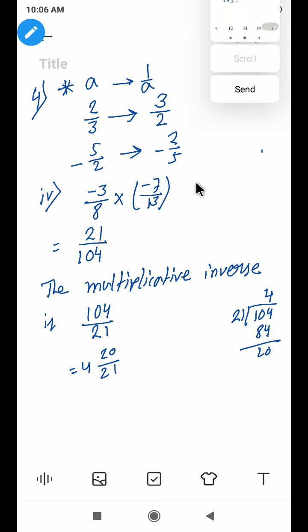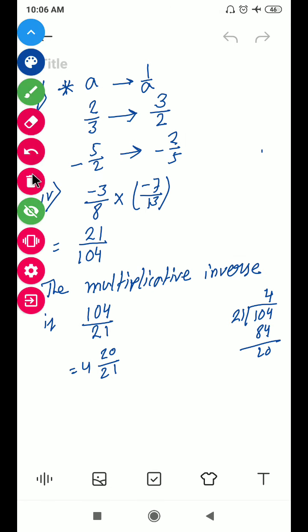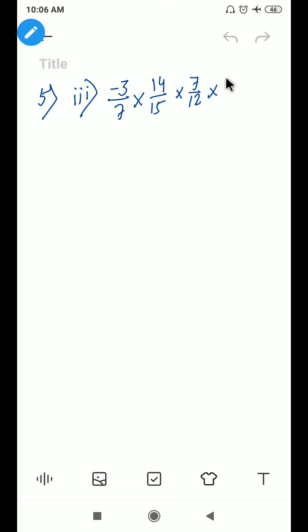Now go to the next problem, question number 5. Solve minus 3 by 7 into 14 by 15 into 7 by 12 into minus 30 by 35.